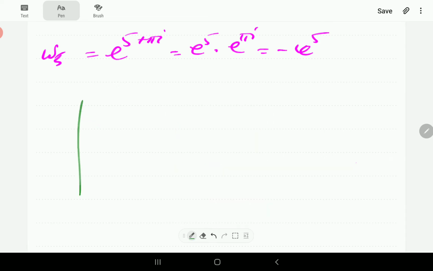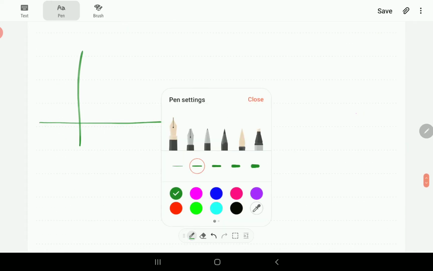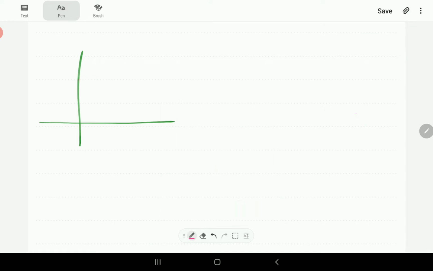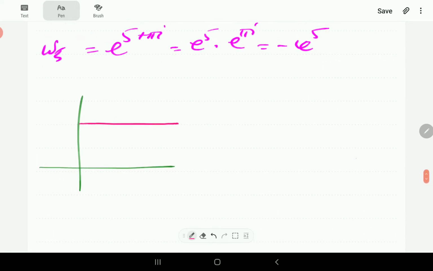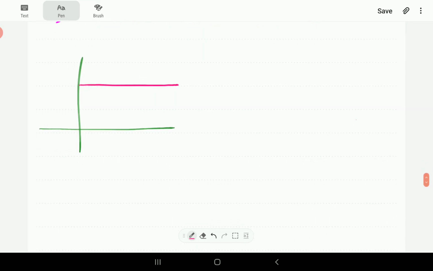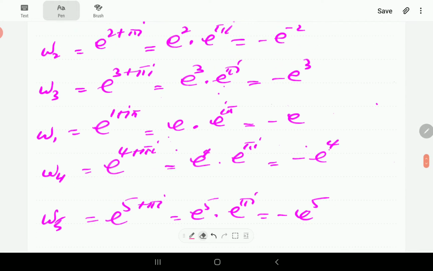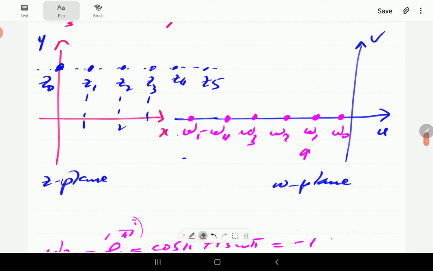This line, because it started here, it is suggesting that these numbers here are transformed onto those numbers there.